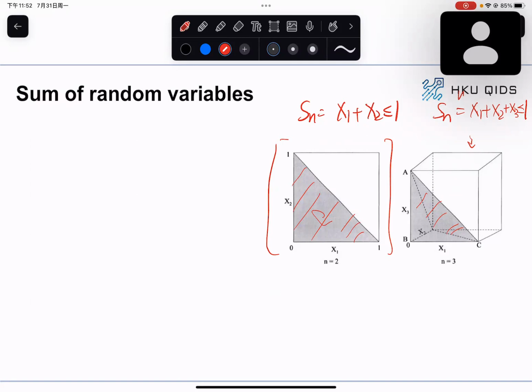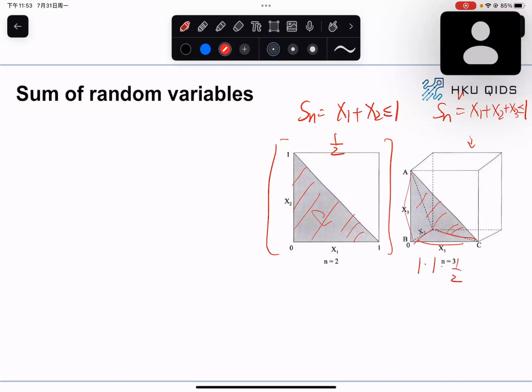So this area is easy to calculate. We can see this one is 1/2. And how about this one? This one is just the volume. We can see this part is 1 multiplied by 1 multiplied by 1/2.